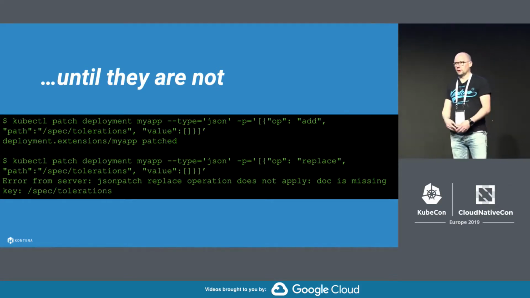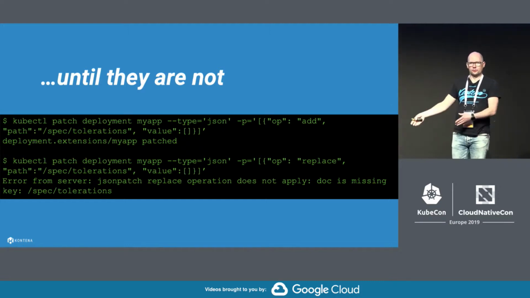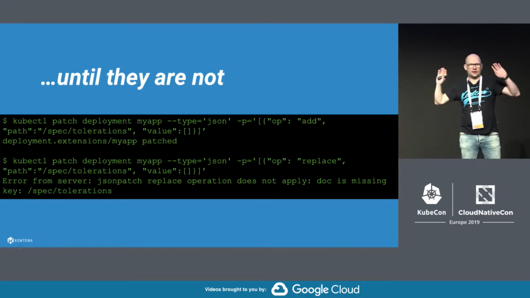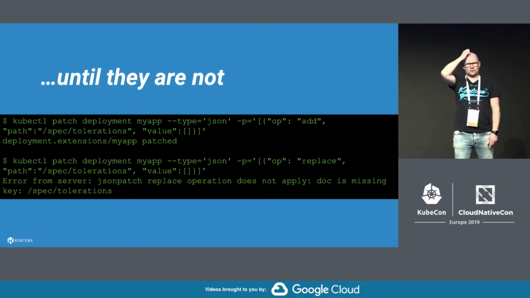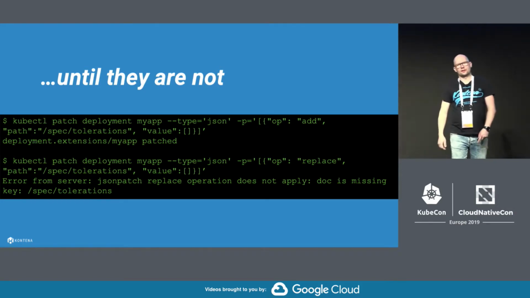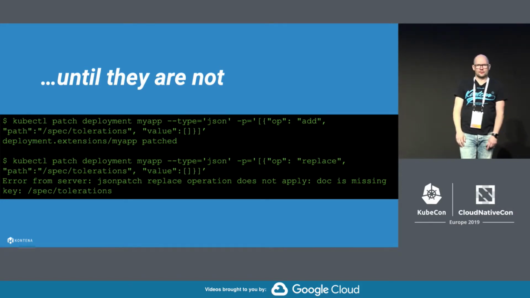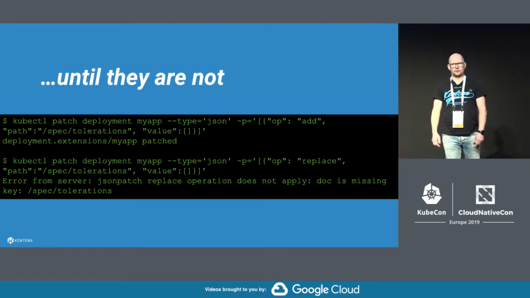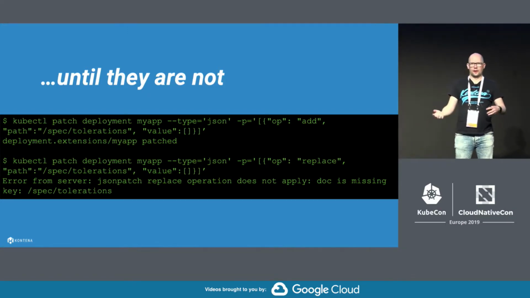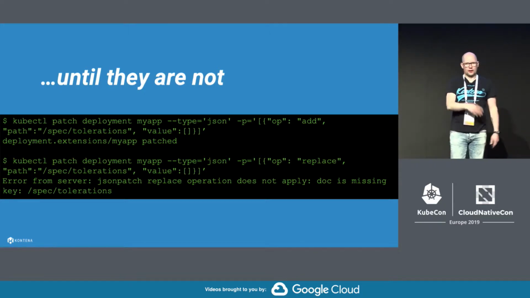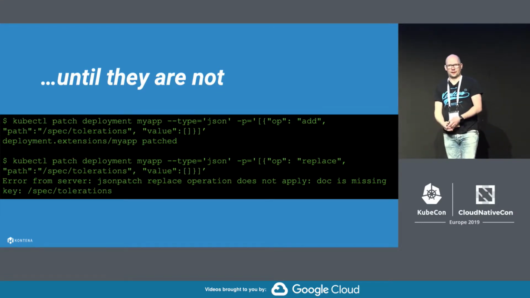Then we try to add another value with the same key, and it says that no can do. There's no such key here. It's like, okay, what the F? But it turns out that the API server just basically filters out all the empty values. So it's a bit of a limbo whether something is empty or missing or nil, or it's just not there. So empty is not there in Kubernetes.